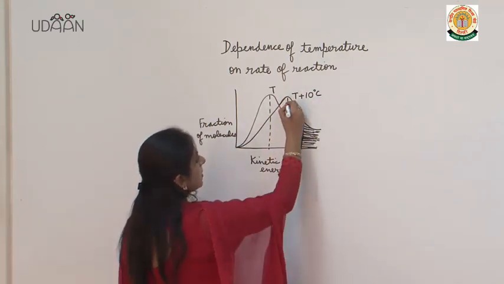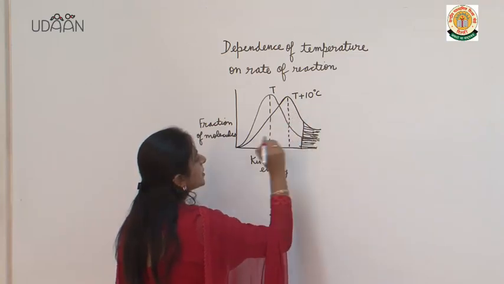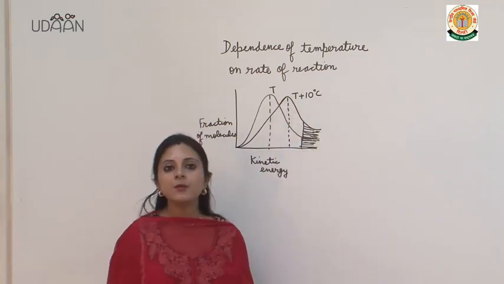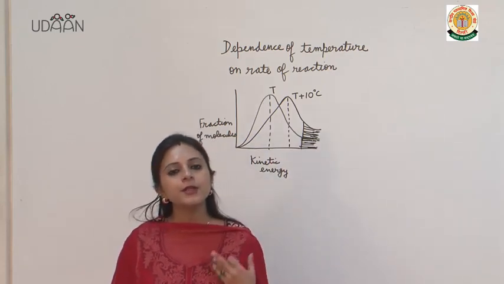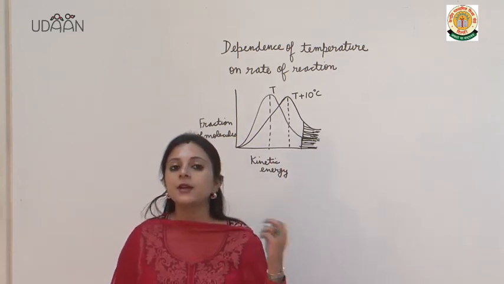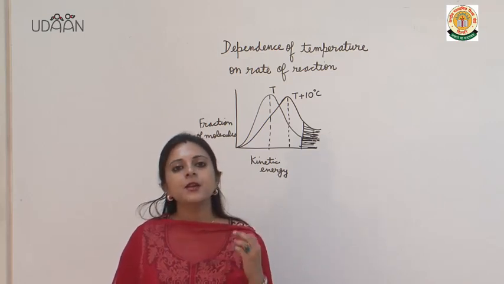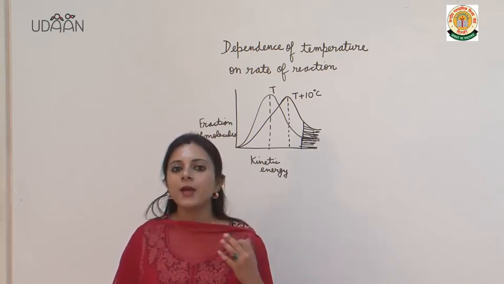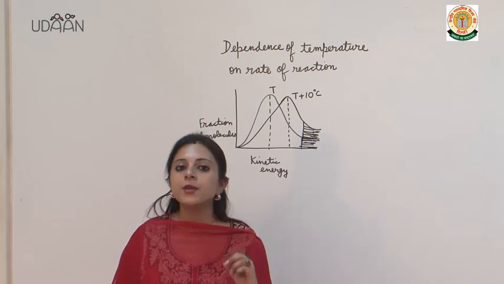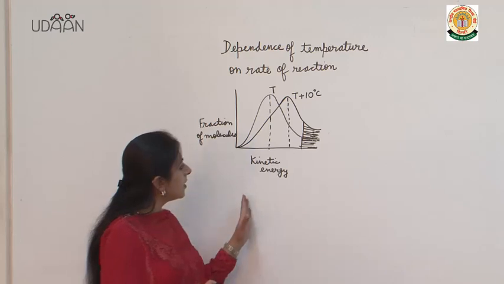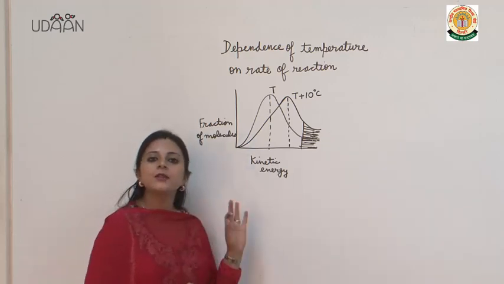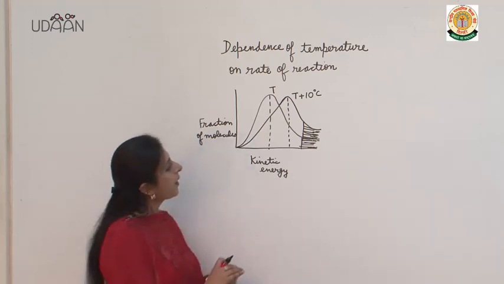Now this is the kinetic energy which is possessed by maximum number of molecules. Now the interesting thing to note is that even after increasing the temperature, the kinetic energy which is possessed by maximum number of molecules remains the same. That means the number of molecules which are possessing maximum kinetic energy remains same.